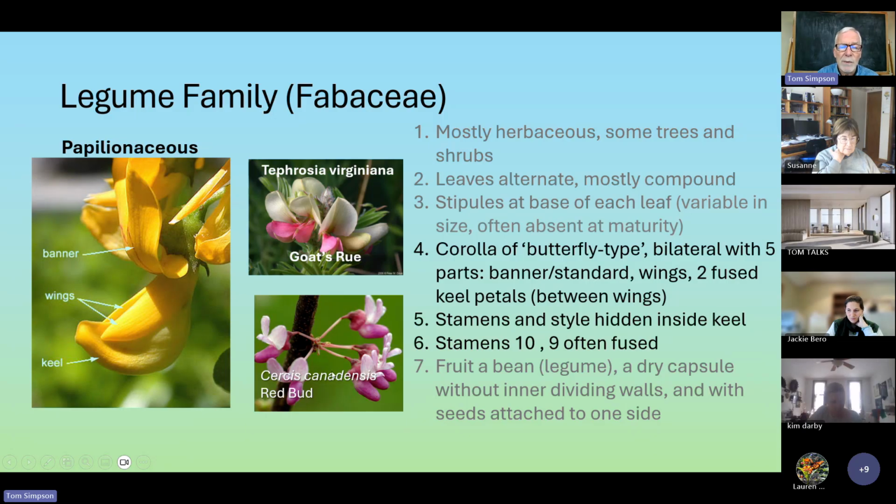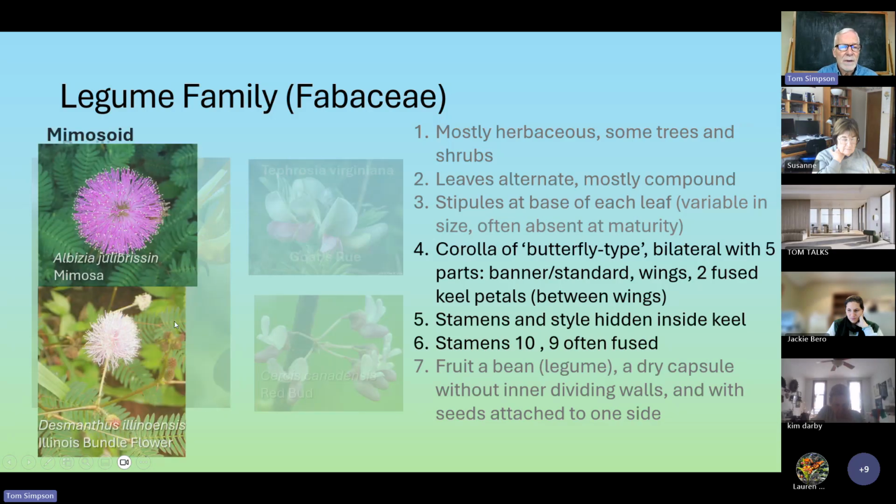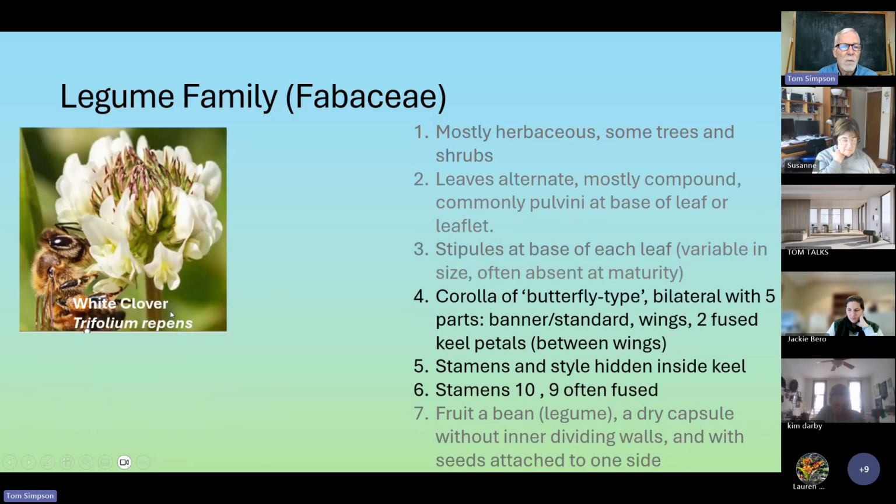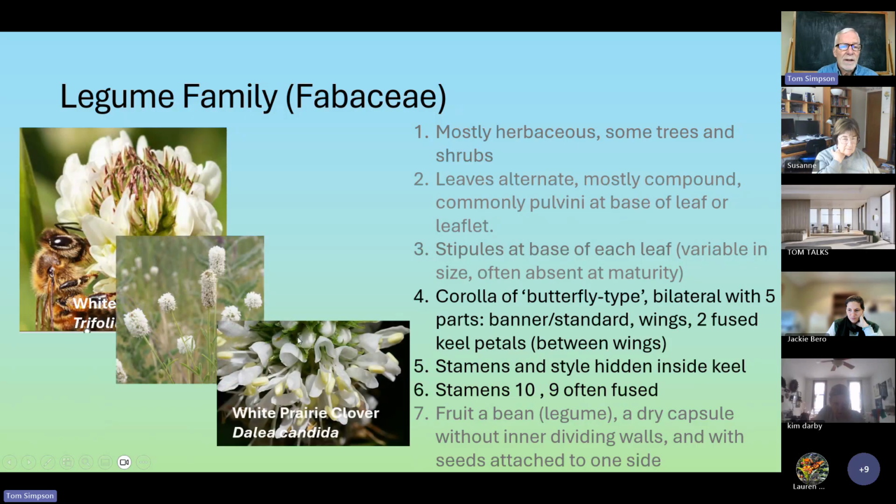Same with goat's rue, same with redbud trees, same flower pattern, like peas and beans in your garden, or white clover in your yard. Here is beautiful white prairie clover, Dalea candida, with beautiful little papilionaceous white flowers, very tiny.